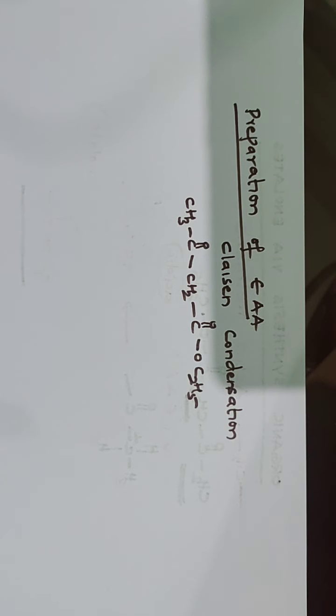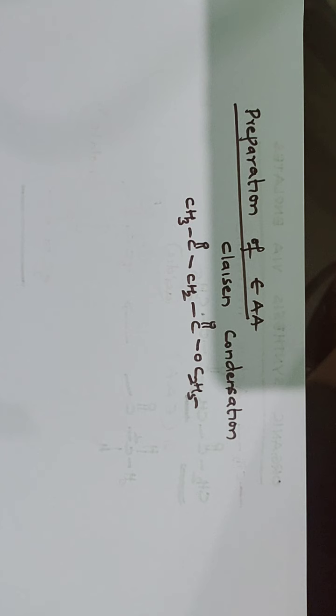The condensation generally involves esters having alpha hydrogen. Two molecules of esters having alpha hydrogen undergo base catalyzed condensation. The base that is used is sodium ethoxide. They result in the formation of beta ketoesters.